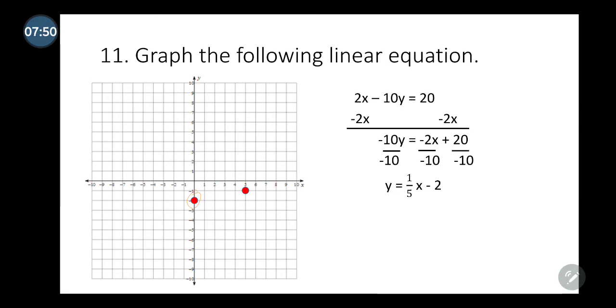Or if we wanted to go the opposite direction, I could go down 1 and to the left 5, because we know a negative over a negative becomes a positive. So there's my third point, and then I could graph my line. That third point is not necessary, but I just want you to see that's how you can do it if you run out of room on your graph.